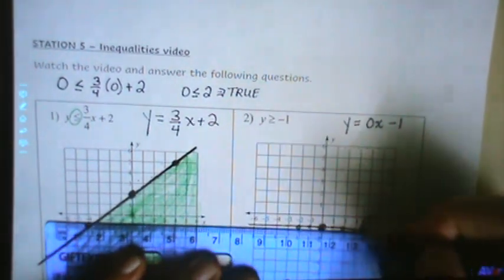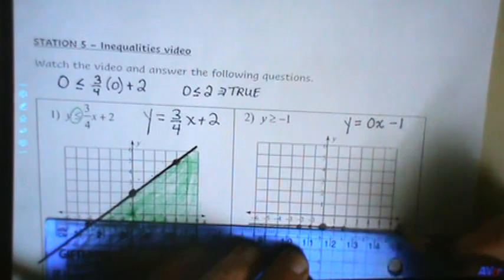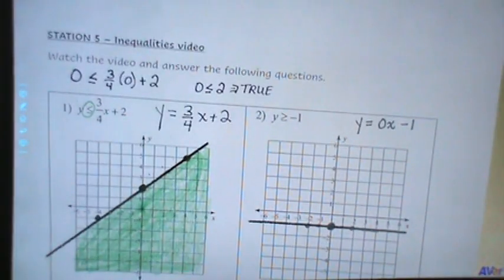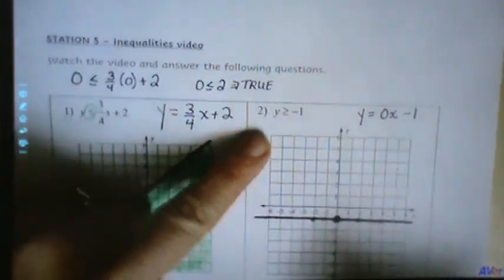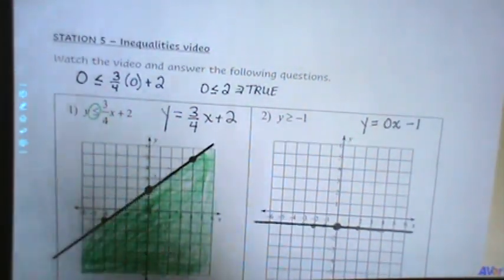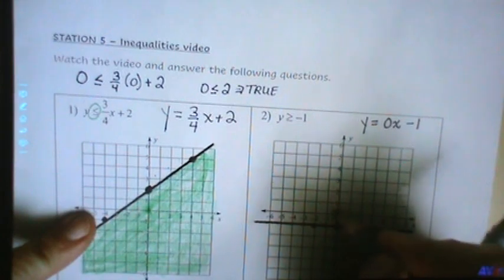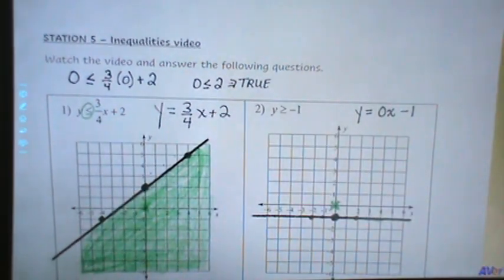So I draw my horizontal line, and again, I now have to decide, am I going to shade above that line or below that line? So I'm going to try my trick again. I'm going to plug in 0, 0. So here's my point, 0, 0, right there. I'm going to see if that makes a true statement.